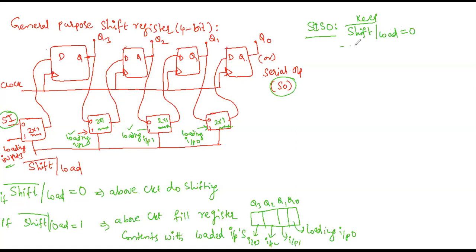This is the complete diagram. In this complete diagram, only keep SI and SO terminals outside. Remaining keep inside, Q3, Q2, Q1 inside the block. Then it will act as serial in, serial out.